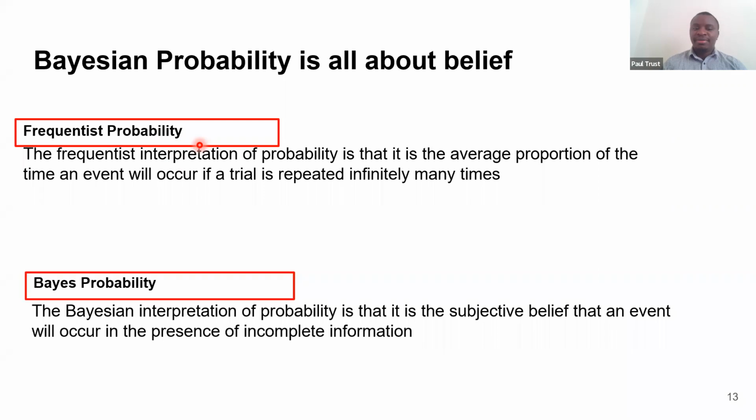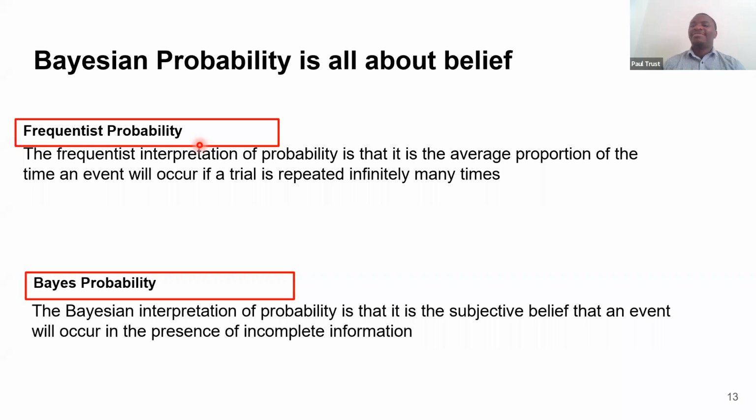Bayesian probability is what you may call the subjective belief that an event will occur in the presence of incomplete information. Bayesian probability doesn't look at probability as long-range frequency, because the argument here is that if you don't have information about the population, the parameter of interest, it doesn't matter how many samples you have.